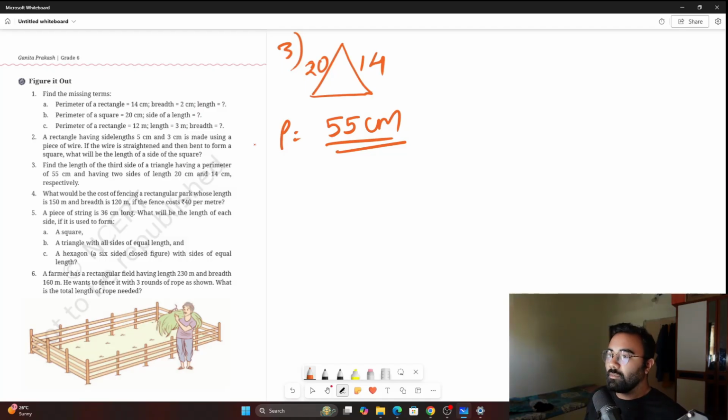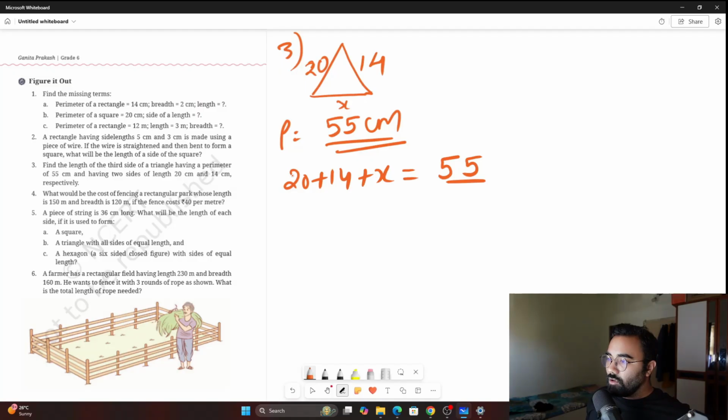Now let this third side be x. So far so good. So what I can do is, I can put an equal to in between. On the left hand side, if I add all these sides, 20 plus 14 plus x, it should be equal to 55, because it is given in the question that the perimeter is 55.